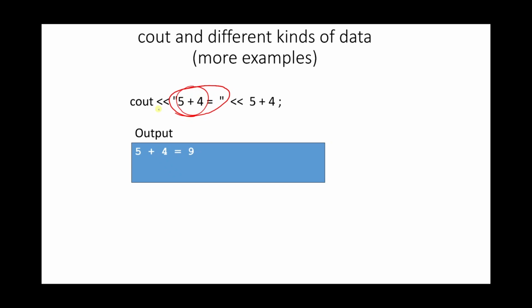No. But if something is not enclosed in double quotations, like this, it's going to be calculated. So this goes the way it is, 5 plus 4 equal, including the spaces. We have a space in here, a space in here, and a space in here, and in here. So then 5 plus 4 is going to be calculated, then printed as 9.